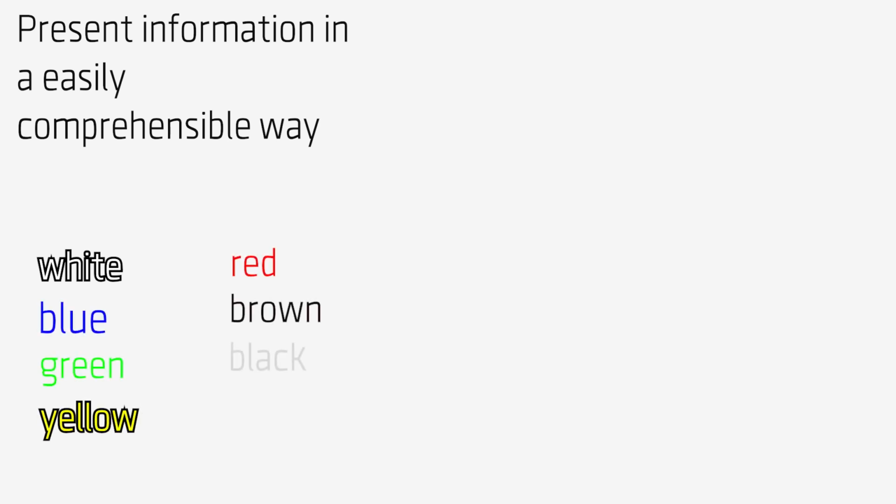Information needs to be presented in an easily comprehensible way. According to the Isotype practitioners, viewers are not able to grasp and remember subtle differences in color, so Neurath appropriated 7 colors to use in Isotype designs: white, blue, green, yellow, red, brown, and black.